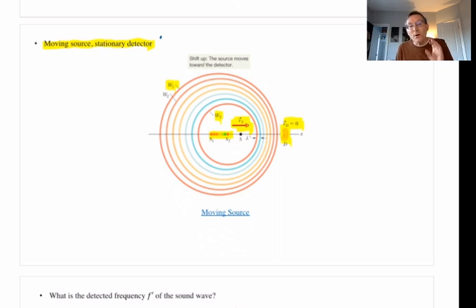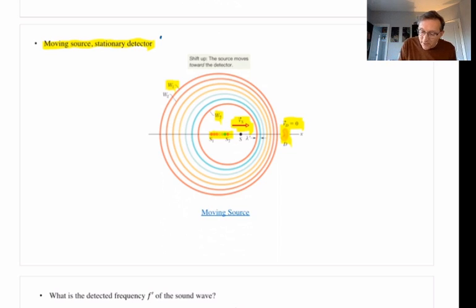All right, note that because the source itself is moving to the right, our right, the wavefronts are getting bunched up on the right, but spread out on the left. And our detector is over there on the right. So when the source is approaching the detector, like the picture shows, you get the bunching up of the wavefronts.